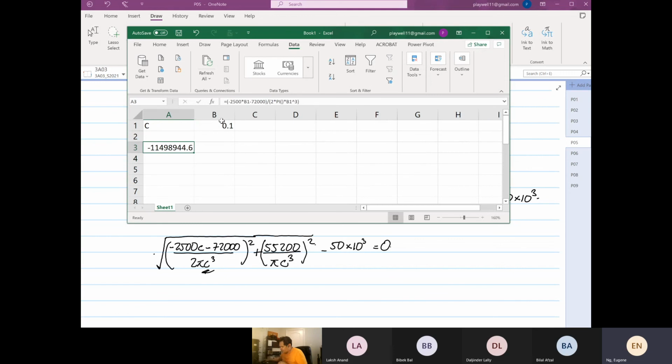Then the whole thing to the power of 2, squared. I'm going to use a number like 2 for C.